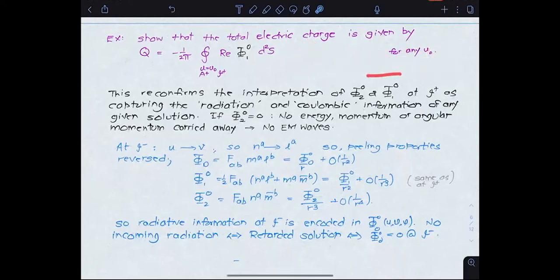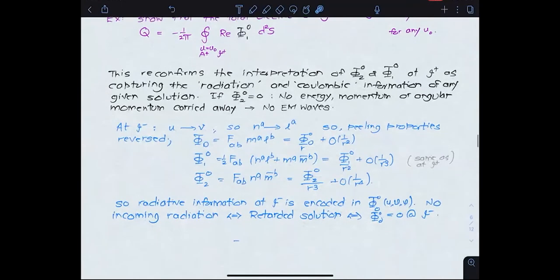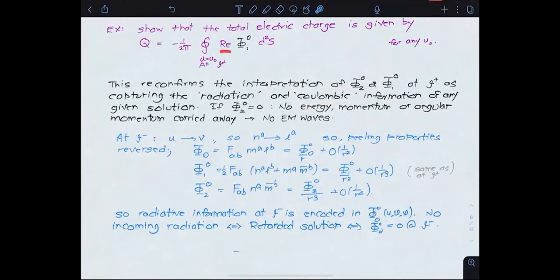And you can just take these vector fields, convert them into the null triads and null tetrads, and you will see that you get this. So this reconfirms the identification of phi 2 naught and phi 1 naught as the radiation part and as the Coulombic part in any given solution. The reason why I'm looking at the real part of phi 1 naught is because if I take the imaginary part, I will get the magnetic charge.